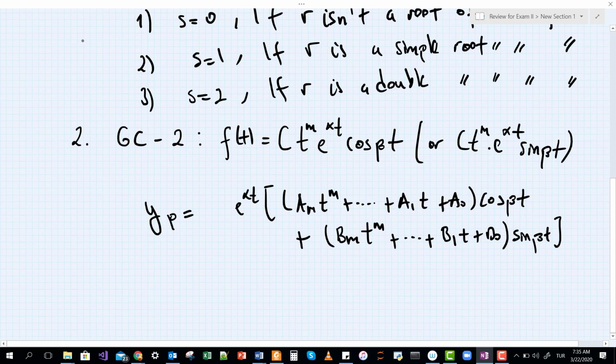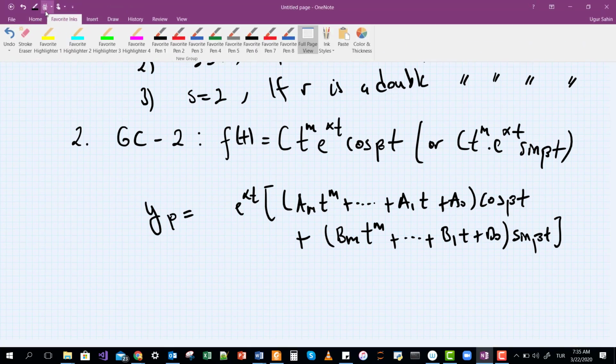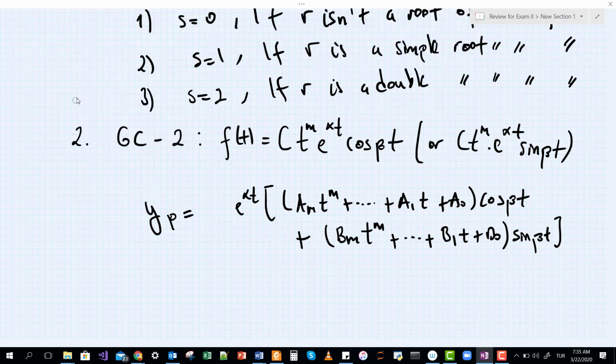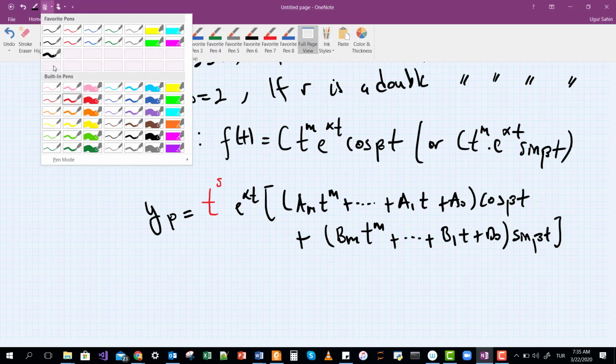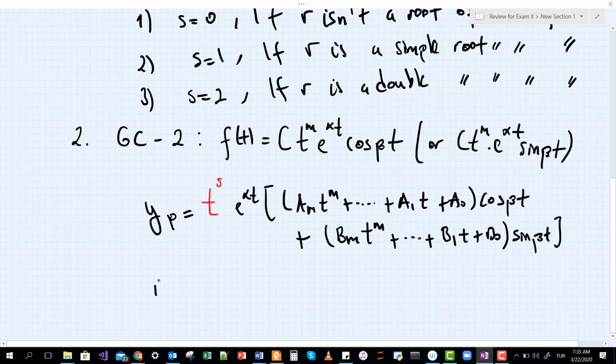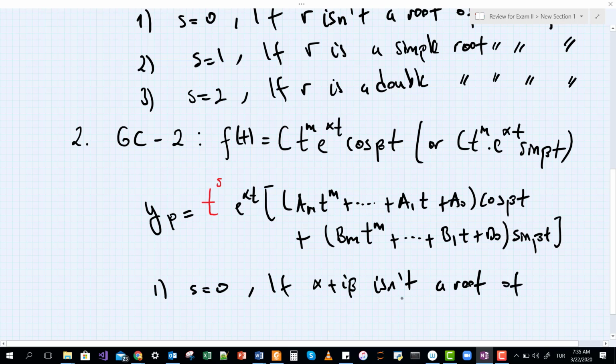But as you know, I'm gonna need an extra term for some cases, and I need to determine what the s is gonna be. s will be equal to 0 if alpha plus i beta is not a root of the auxiliary equation.